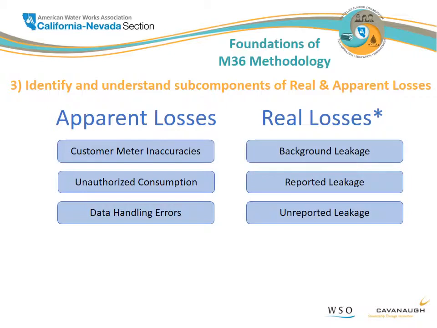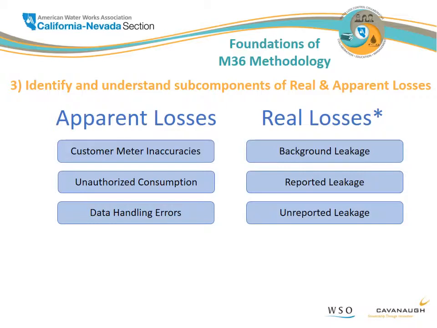We also know that some customers just totally circumvent our efforts to track the water that they use, so we want to acknowledge that a certain amount of theft happens. Again, that's water used by a customer. It's reached its destination, but we haven't got a proper record of it, and so we can't get paid for it. And lastly, there are instances of data handling errors.